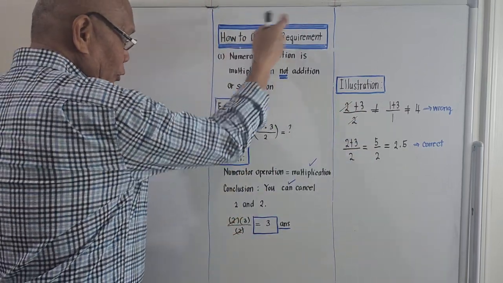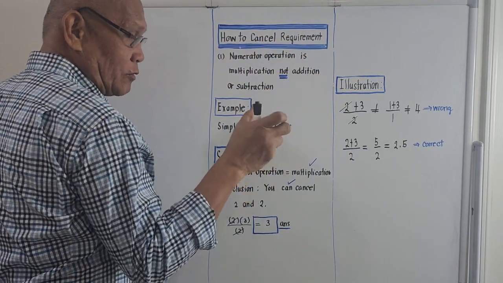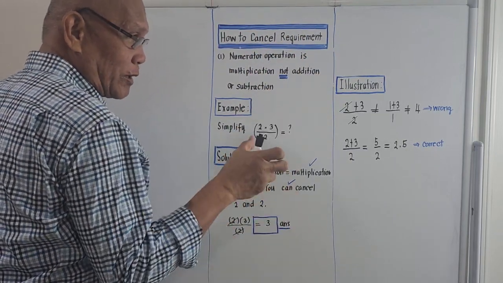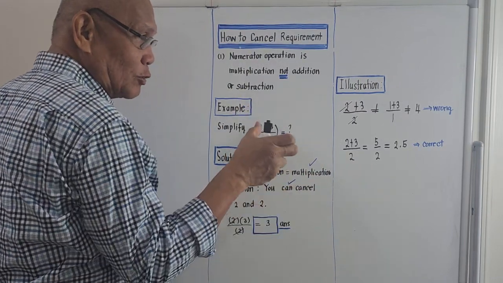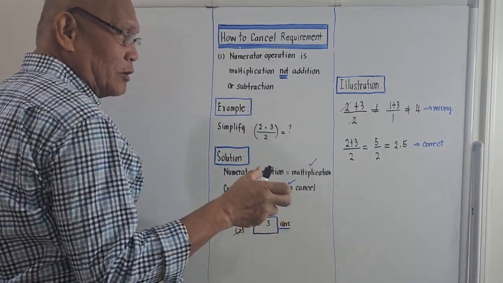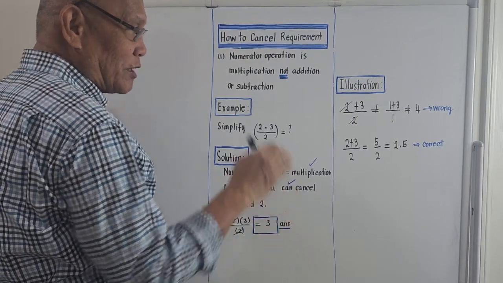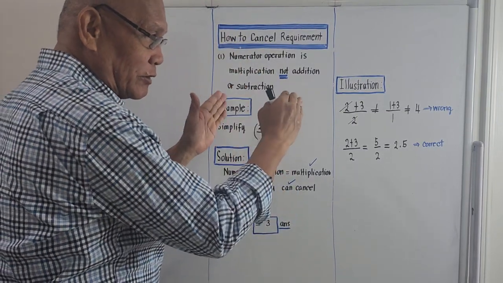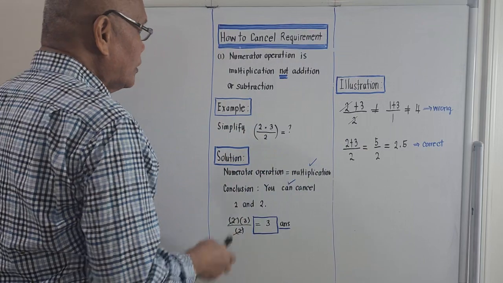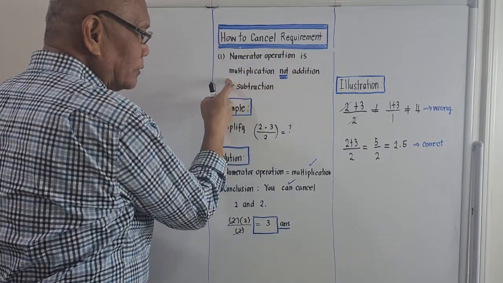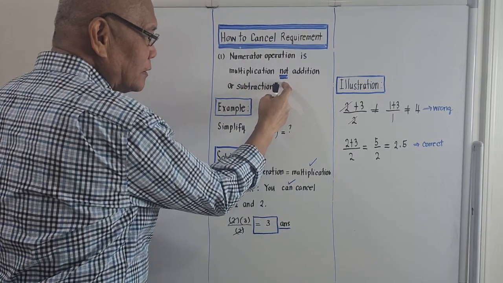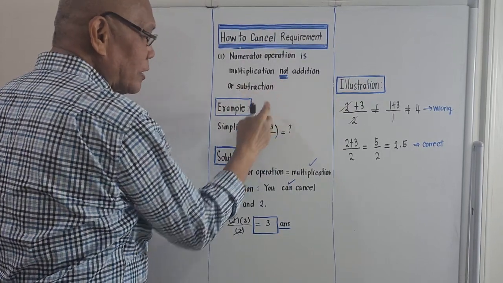How to cancel requirement, the concept will be this, the correct concept for wherever you go. Apply this concept and you will not get lost on the so-called cancellation of something on the numerator and something on the denominator. The numerator operation is multiplication, not addition or subtraction.